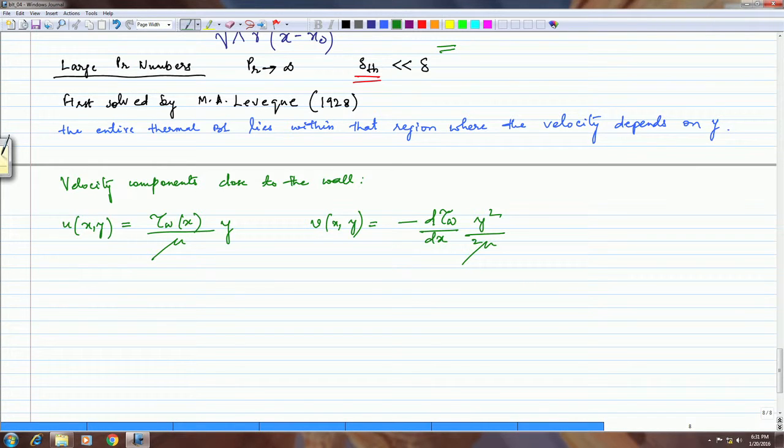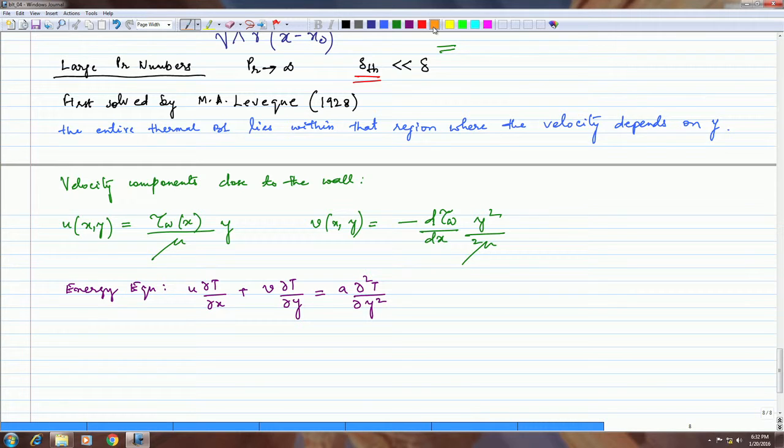Okay, so if we write the velocity description like this, then the energy equation, which I will just write again here, can be reduced to an ODE, an ordinary differential equation.